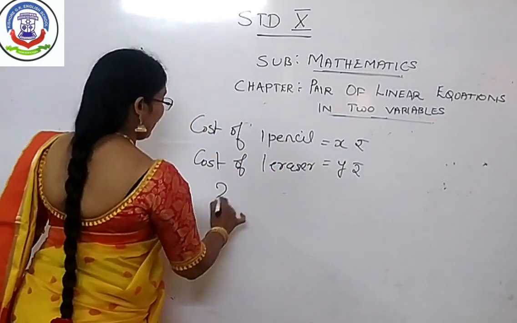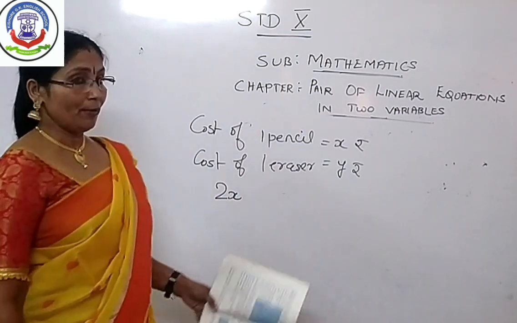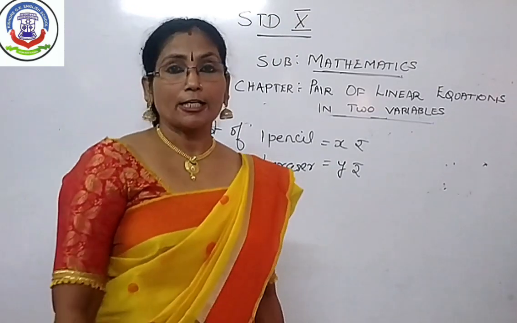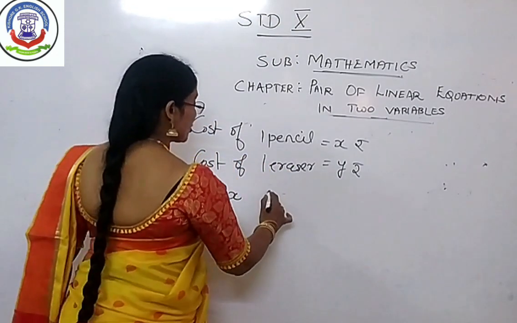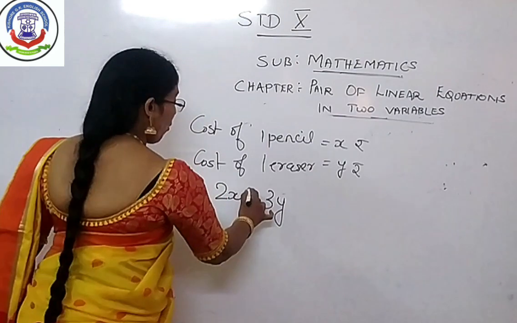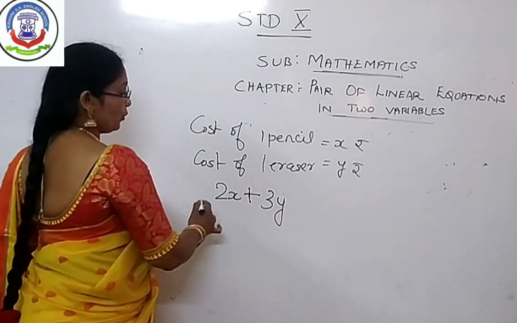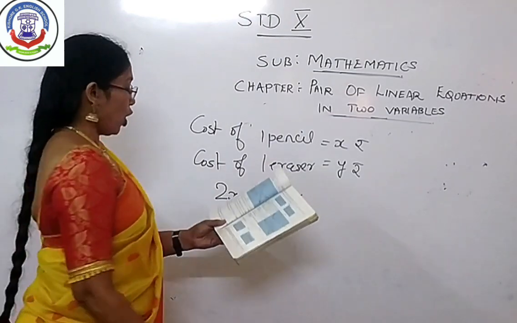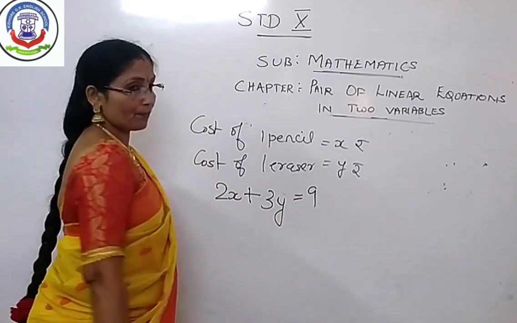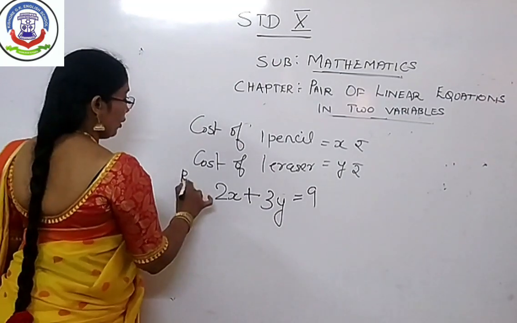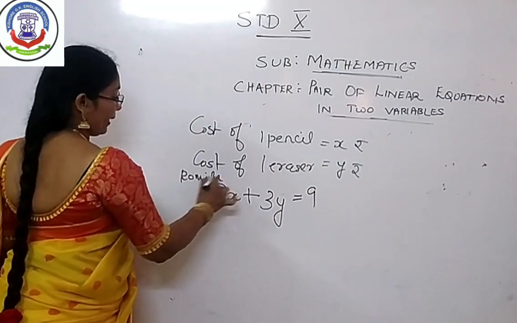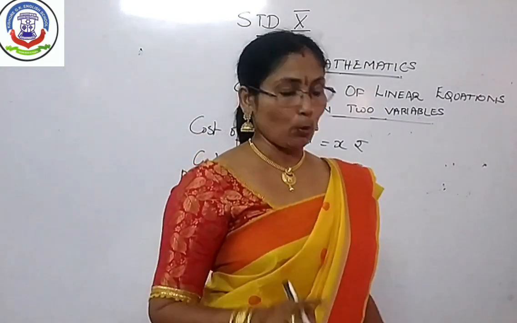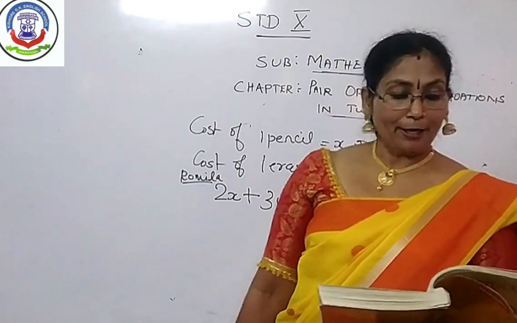And how many erasers did she purchase? 3 erasers, so the cost is 3y. Together she has given 2x plus 3y, which is 9 rupees. That is the case for Romila: 2x plus 3y is equal to 9 rupees.